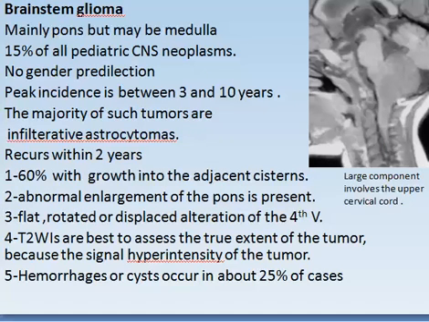So the characteristic points are the site, the pons, the infiltrative pattern, the hyperintensity of the tumor, the pressure on the fourth ventricle as flattening, rotation or displacement because of the abnormal enlargement of the pons. Hemorrhages and cystic changes may occur.